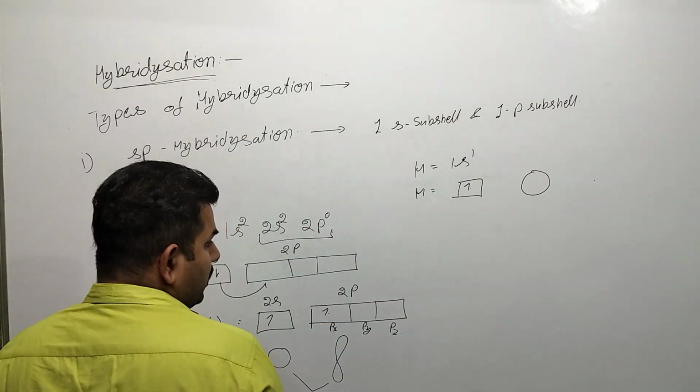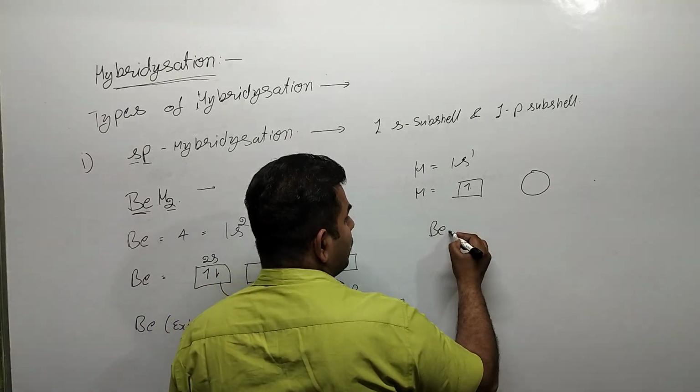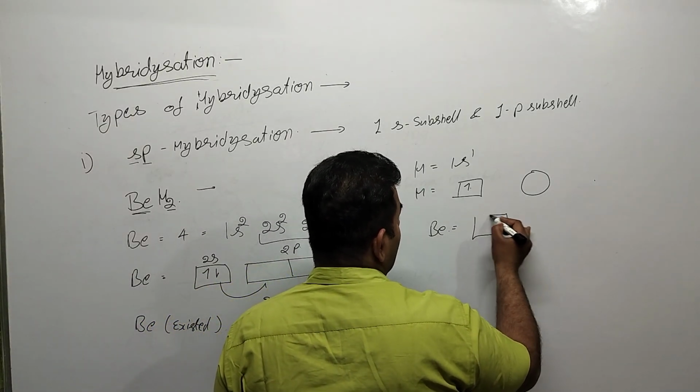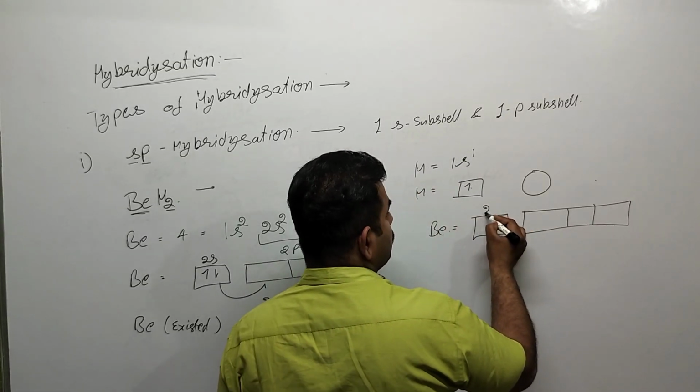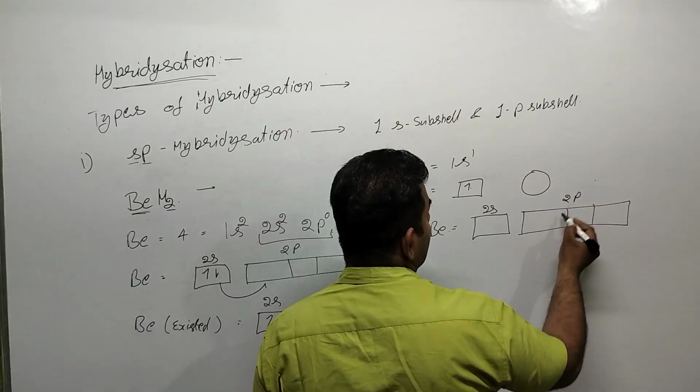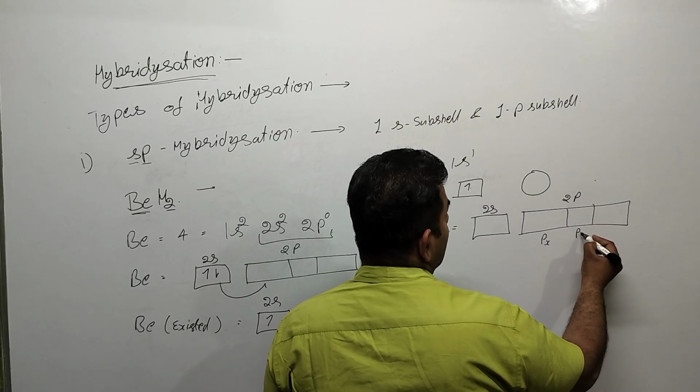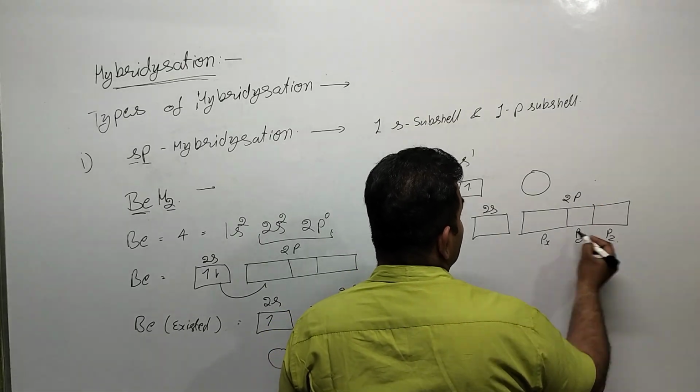So in beryllium hydride we can write it, that is we have the 2s and 2p, that is px, py and pz.